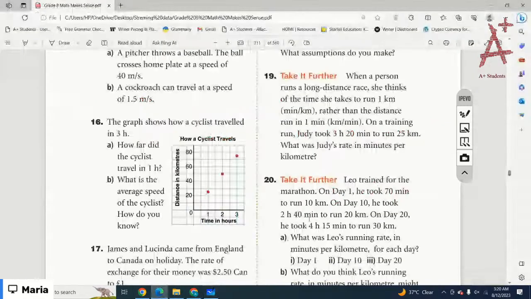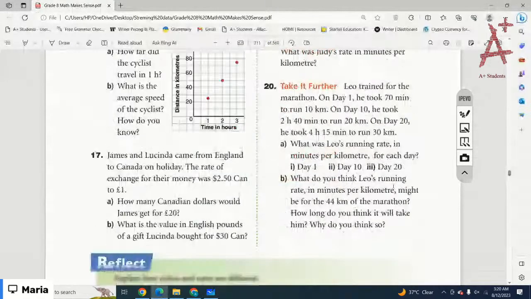Okay, let's do question number 20. Leo trained for the marathon. On day 1, he took 70 minutes to run 10 kilometers.